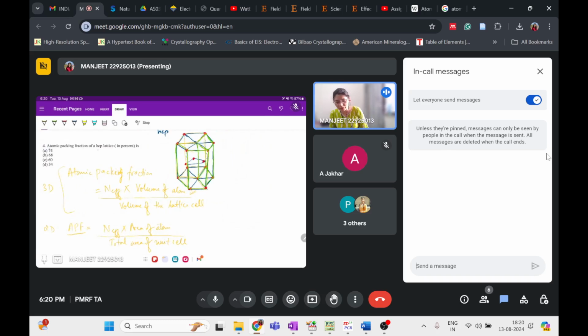Here it is about the hexagonal closely packed lattice. HCP is basically hexagonal closely packed lattice. Hexagonal closely packed means your three atoms will be inside the hexagonal, in one layer of atoms.